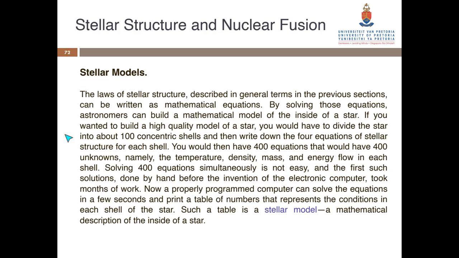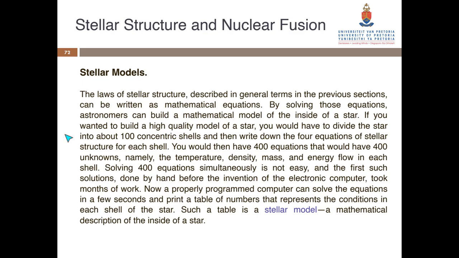If you wanted to build a high-quality model of a star, you would have to divide it into about 100 concentric shells, and then write down the 4 equations of stellar structure for each shell. You would then have 400 equations with 400 unknowns, namely the temperature, density, mass, and energy flow in each shell. Solving 400 equations simultaneously is not easy.